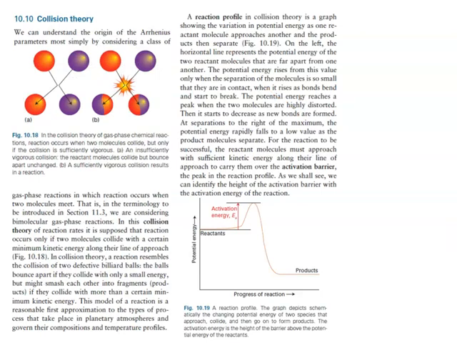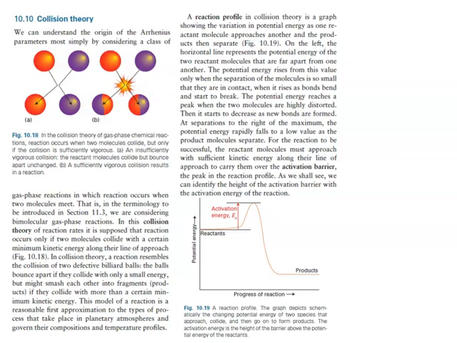Now that we've completed that example, moving on to some of the underlying rationale associated with kinetics, specifically collision theory. We can understand the origin of the Arrhenius parameters most simply by considering a class of gas phase reactions in which reaction occurs when two molecules meet.